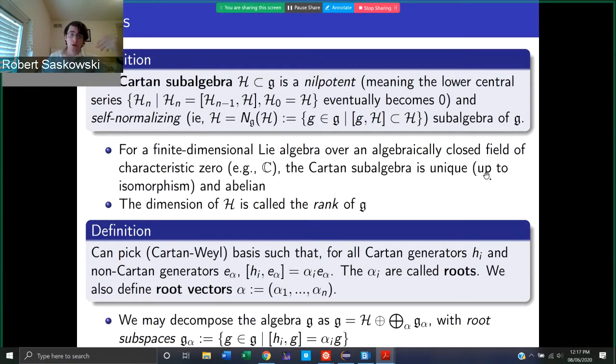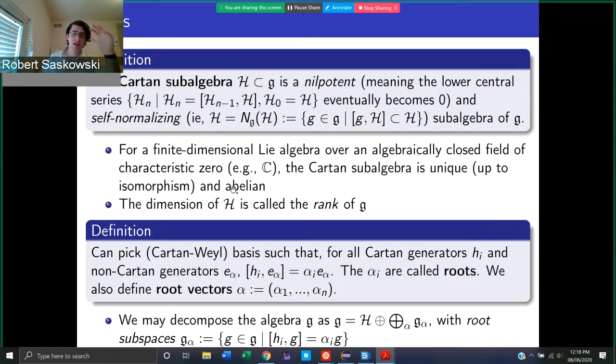Importantly, for a finite dimensional Lie algebra over some algebraically closed field of characteristic 0, in particular our favorite one, the complex numbers, the Cartan subalgebra is unique up to isomorphism, because that's really the best we can ask for, and it's abelian. In other words, it's commutative. And this is important because it tells us we can actually use the word "the" when talking about the Cartan subalgebra.